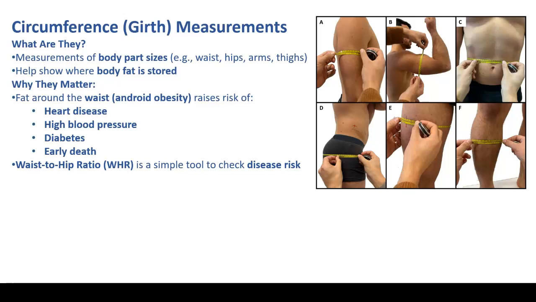Having more fat around the belly can raise your risk for serious health problems like heart disease, high blood pressure, diabetes, and early death. Another one is the waist-to-hip ratio, WHR, which compares your waist size to your hip size to see if you are at higher health risk.